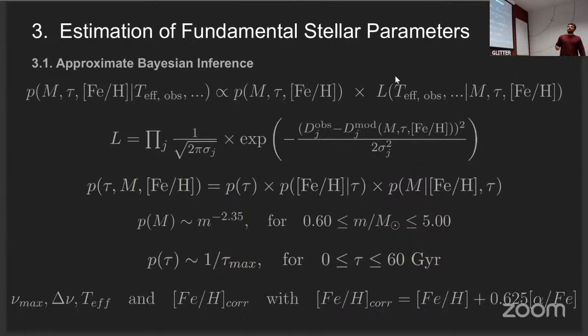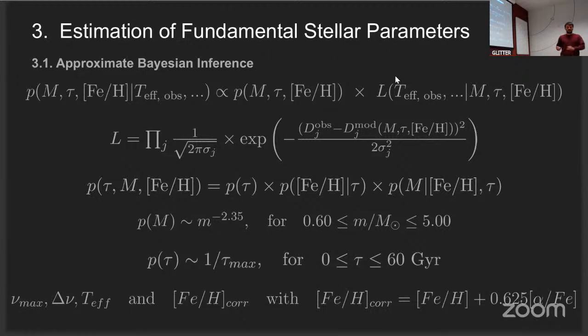But then for approximate Bayesian inference, what we use is that each variable is assumed as a random variable, which is proportional to a prior knowledge times a likelihood. This likelihood has a Gaussian-like form, and the prior knowledge is proportional for mass to the initial mass function, and for age is proportional to 1 over the maximum age.